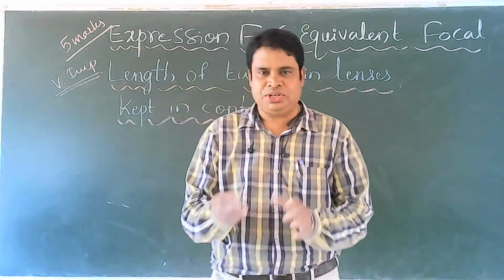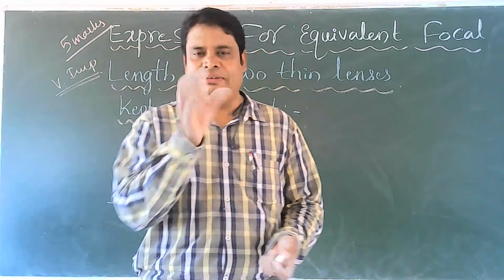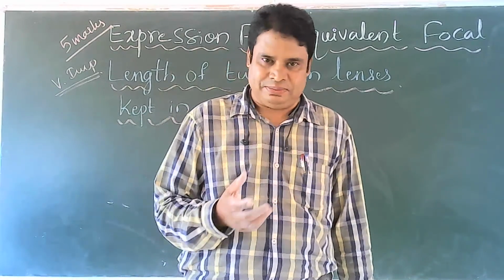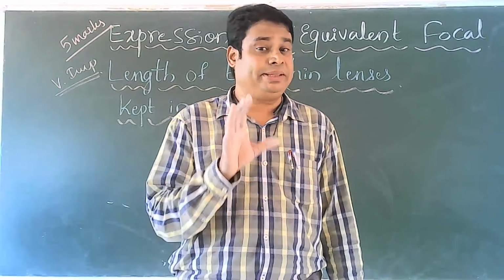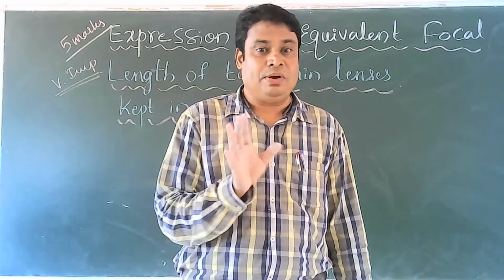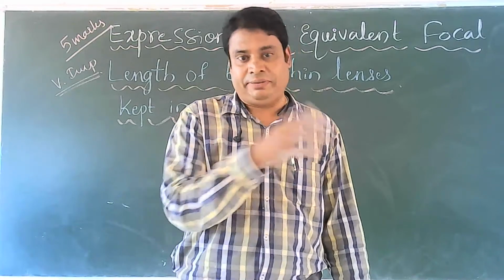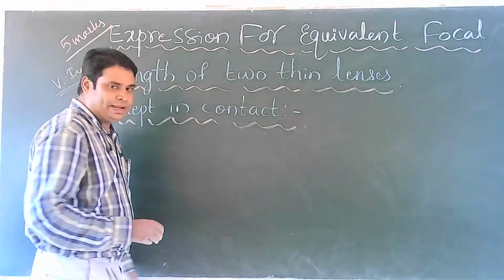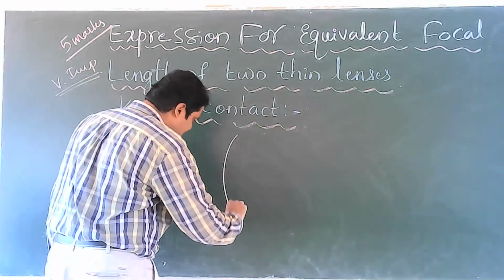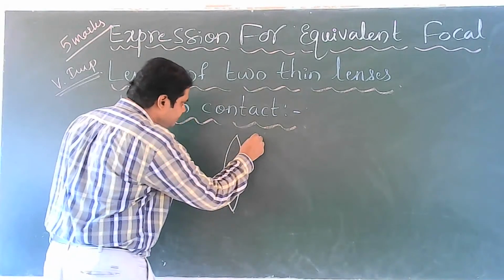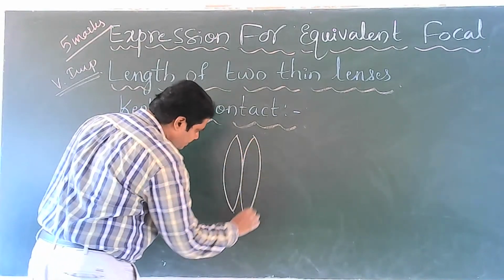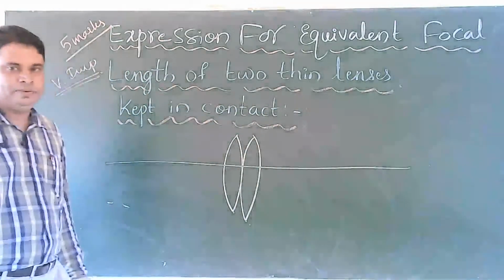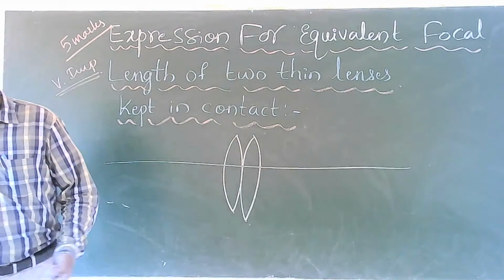The method in which we derive the lens maker's formula is very helpful to understand this. Not exactly the formula or equation, but the method I am telling. Let me consider two thin lenses with principal focus.